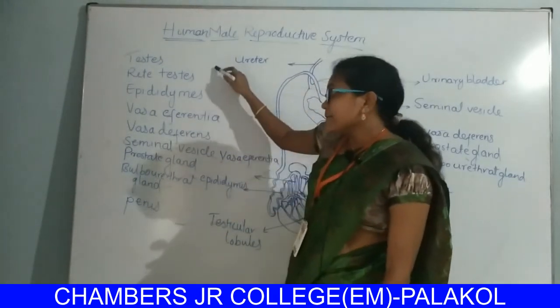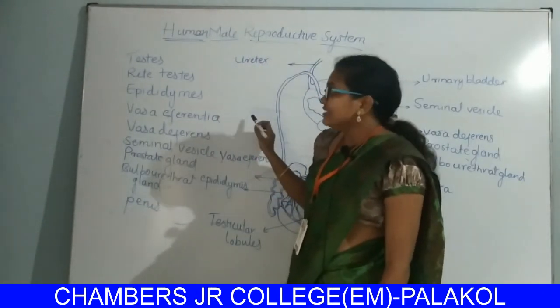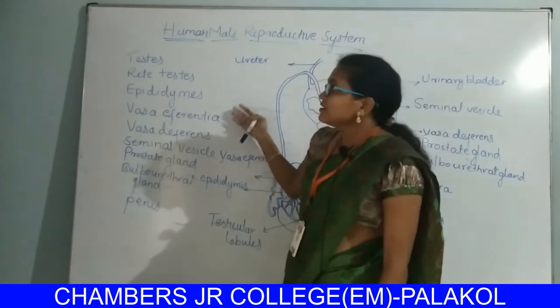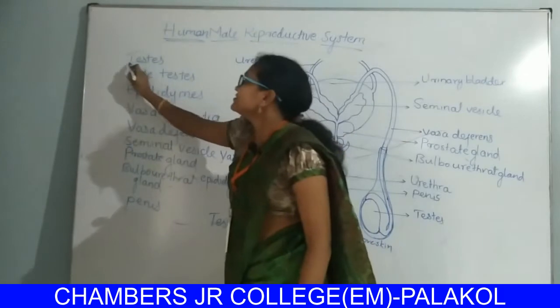So these are the parts included in the male reproductive system. Let's see one by one. I'll explain these parts one by one. Okay. First one, testis.